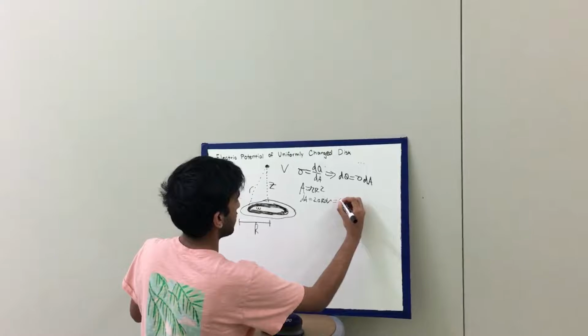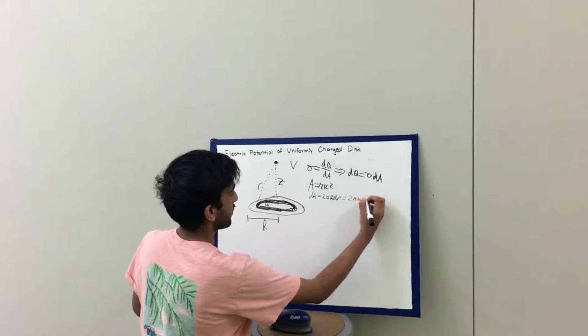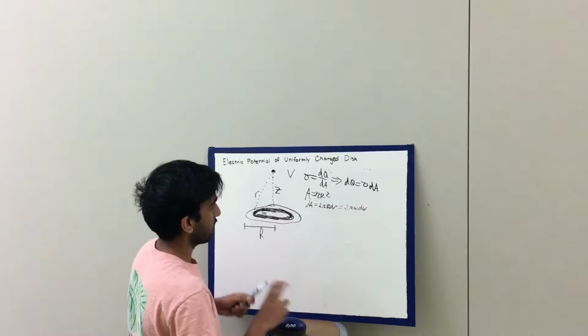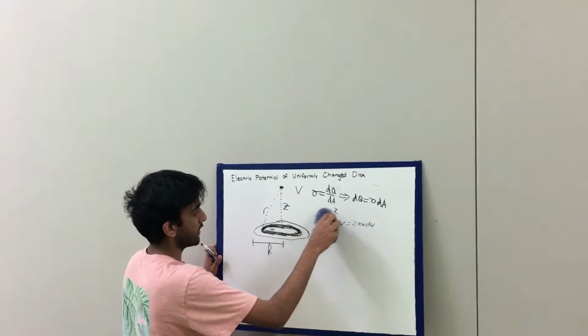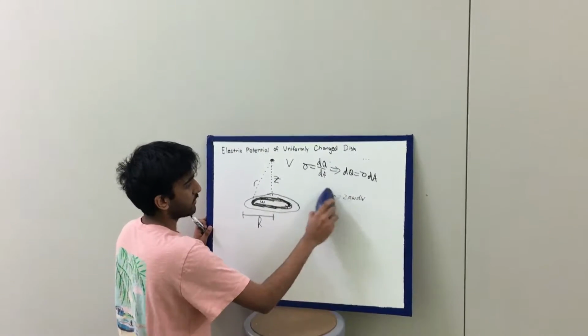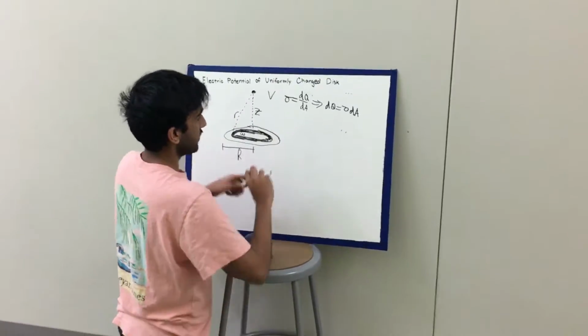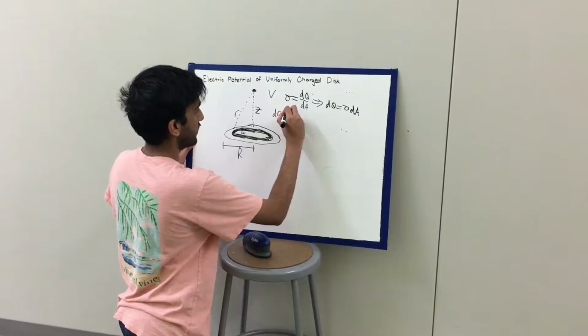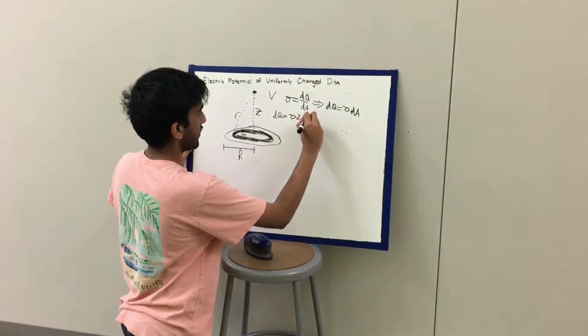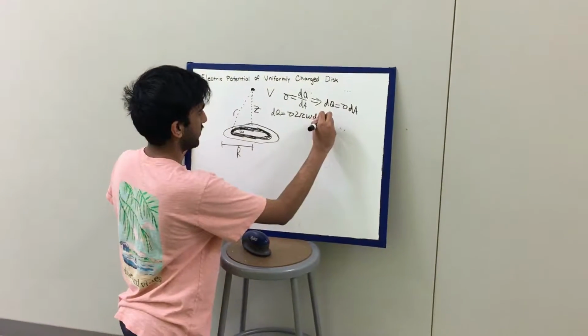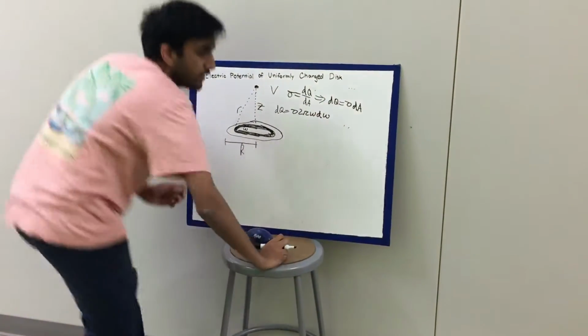So we can equivalently write this as 2 pi omega d omega. So we have dA equals 2 pi omega d omega, and dq equals sigma 2 pi omega d omega.